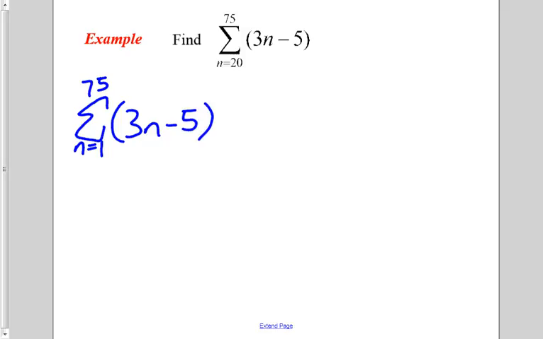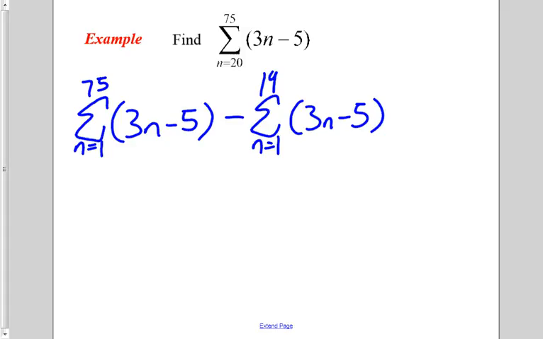But now I just added when n equals 1, when n equals 2, when n equals 3, 4, 5, and so on up to 18, and when n equals 19. So I need to subtract out these terms I just added in. So this is the sum from when n equals 1 to when n equals 19. This is because 20 through 75 are in our series. When I rewrote it as 1 to 75, I added in these terms that I do not want to look at because that would change the original question. So this would still be of 3n minus 5.